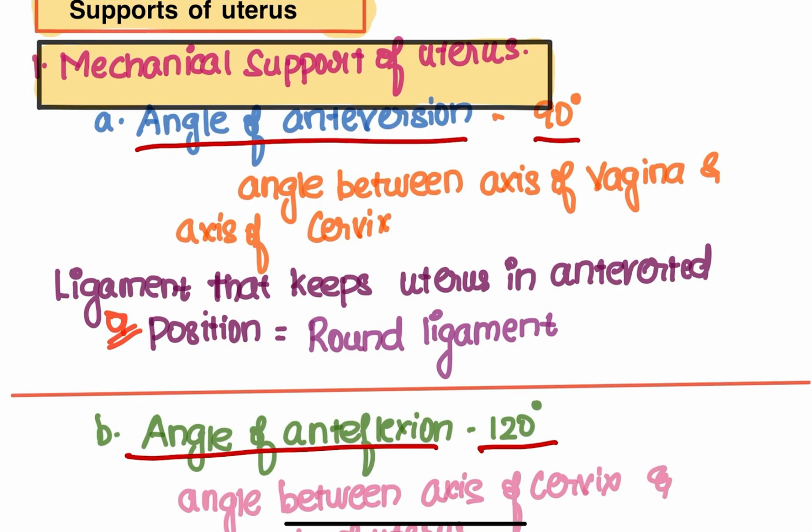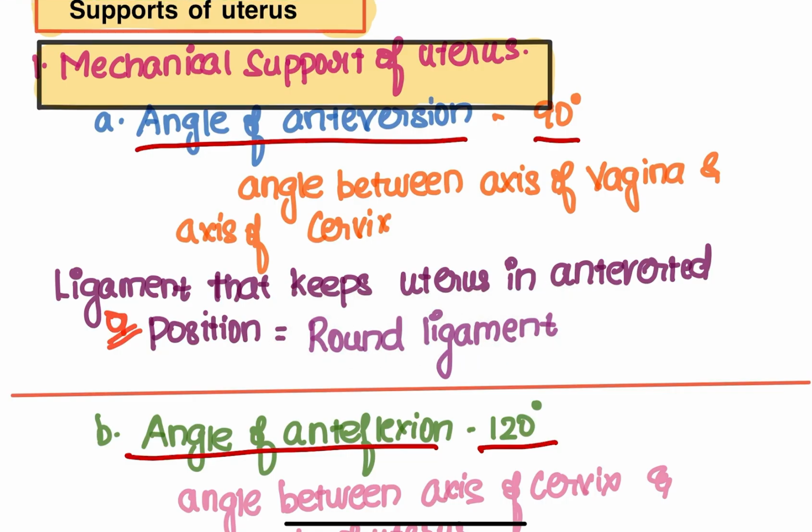The mechanical support provided to the uterus is this angle of anteversion and the angle of anteflexion. Now there definitely has to be some structure which keeps this uterus in an anteverted position. What is that structure? It is a ligament, called the round ligament.